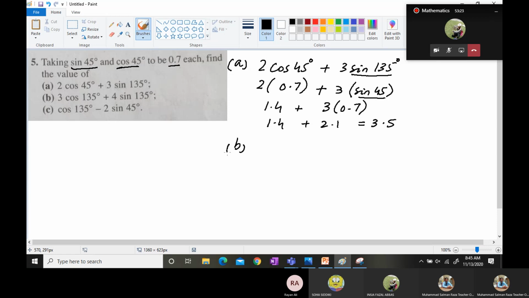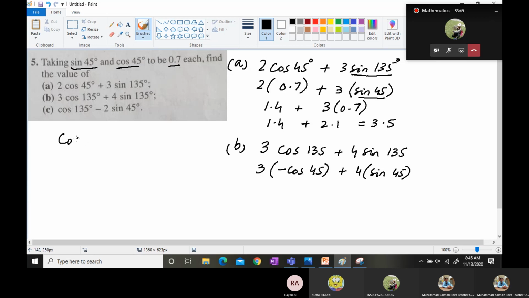If we look at the B part of this question, it says 3 cos 135 degrees plus 4 sine 135 degrees. So now guys, be very careful. Cos 135 is always equal to minus cos 45 degrees. Why minus cos 45?